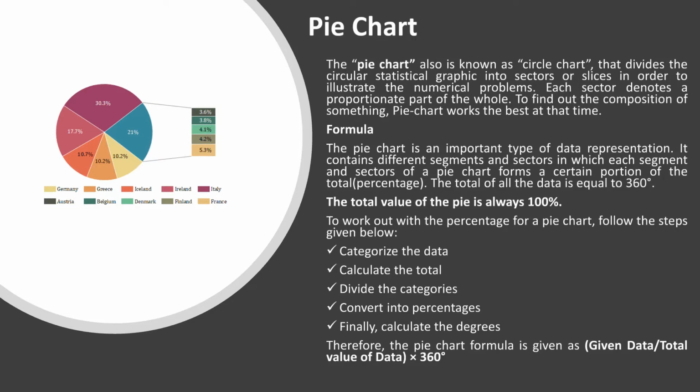The pie chart formula is given data divided by the total value of the data, multiplied by 360 degrees. This is the way by which you calculate the degree for each of your slices.